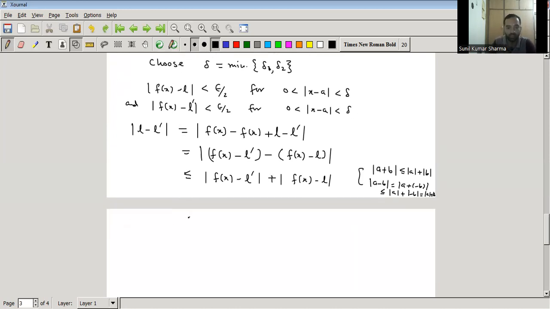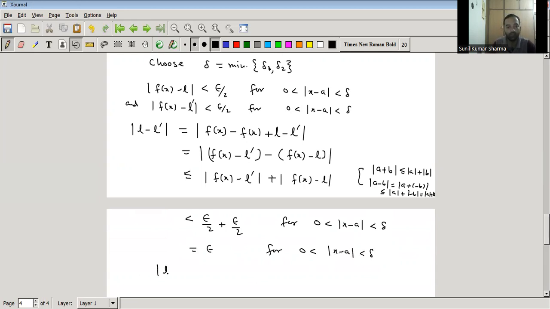So this is less than epsilon by 2, and this is less than epsilon by 2, for 0 less than mod x minus a less than delta. And that is equal to epsilon for 0 less than mod x minus a less than delta.